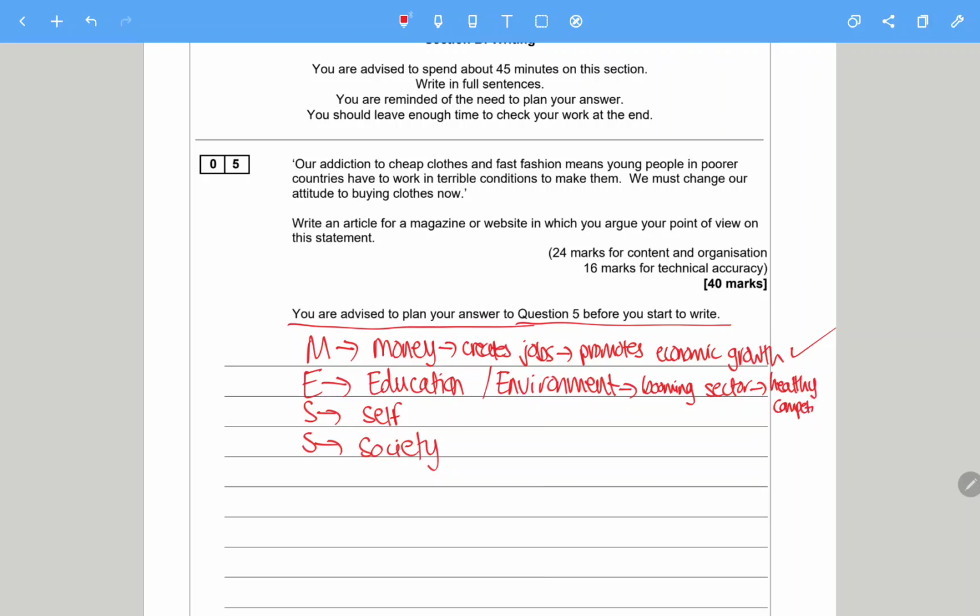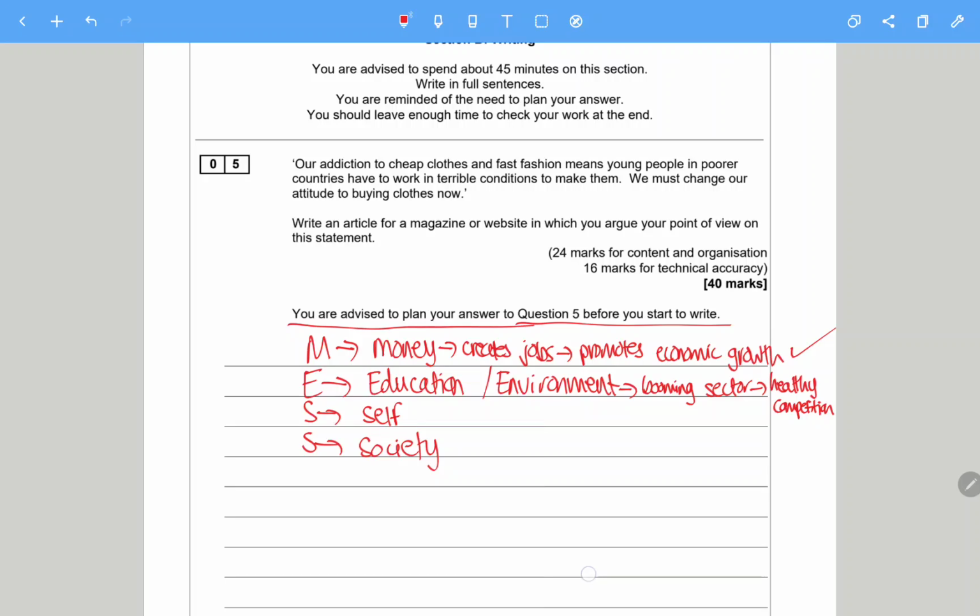Now, why is that a good thing? Because if you have healthy competition, you have employers who would be offering higher wages. If they're offering higher wages, is that not beneficial for the local people? Yes, absolutely. So that's something for you to consider and talk about.